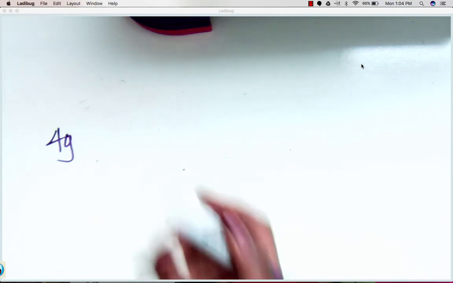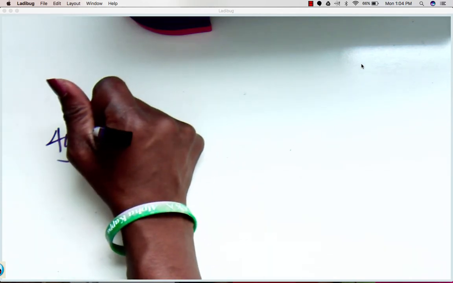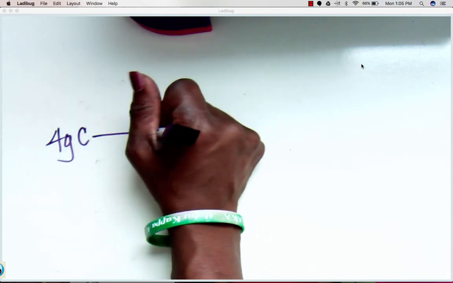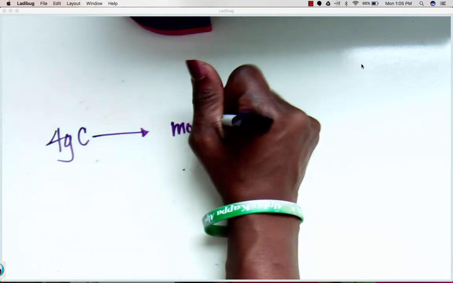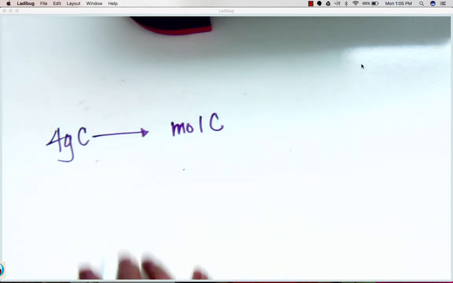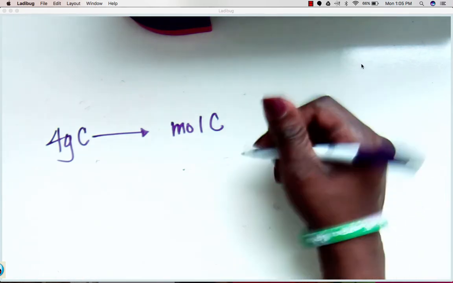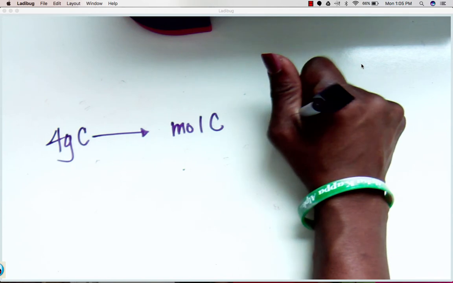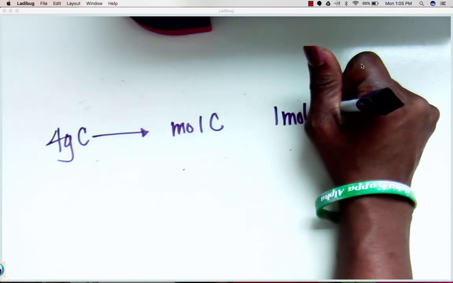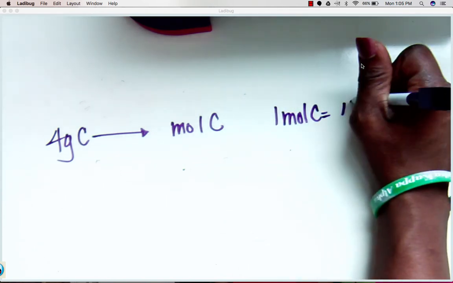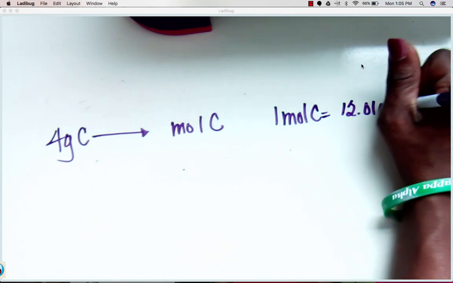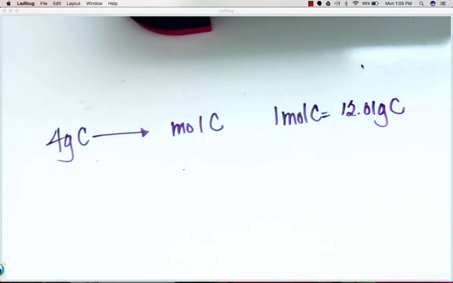In this problem, we're talking about going from grams to moles, from grams of carbon to moles of carbon. Looking at the periodic table, you'll see that for every 1 mole of carbon, there are 12.01 grams of carbon. So 1 mole of carbon equals 12.01 grams.